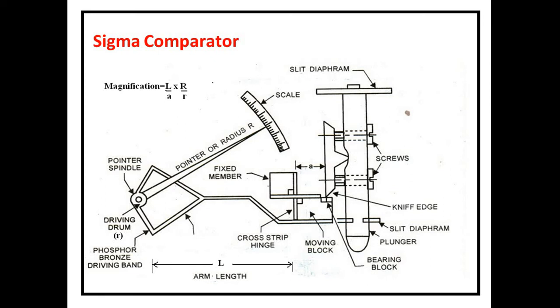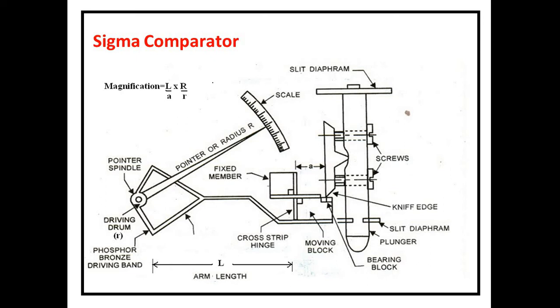The radius of this driving drum is small r. This driving drum is attached to a pointer, and the radius of this pointer is capital R.